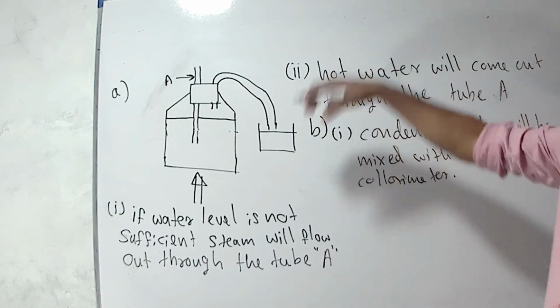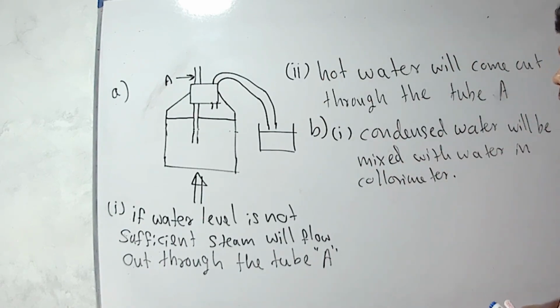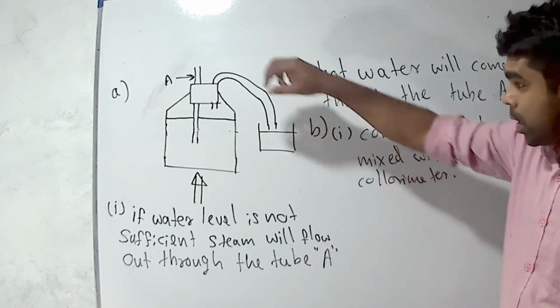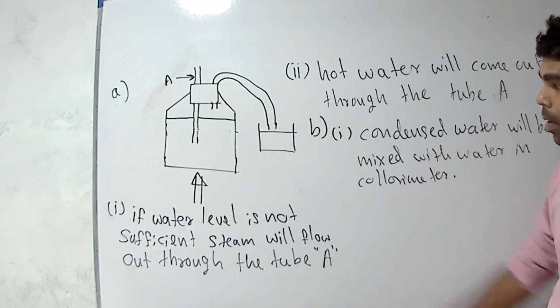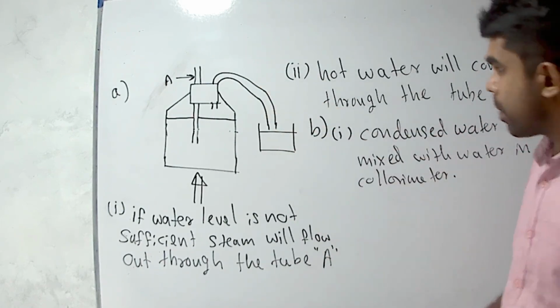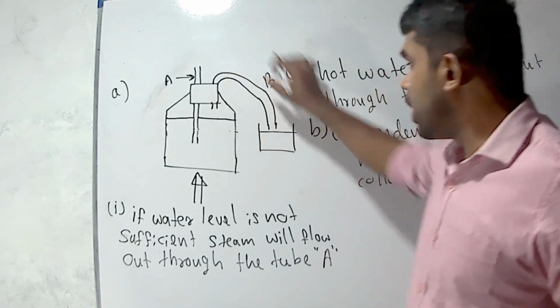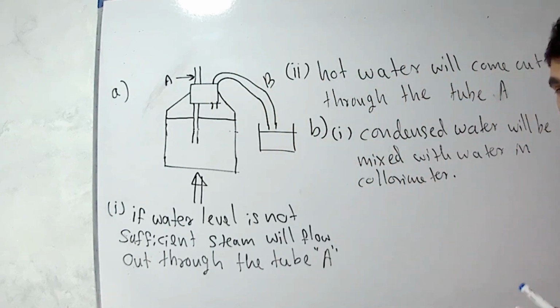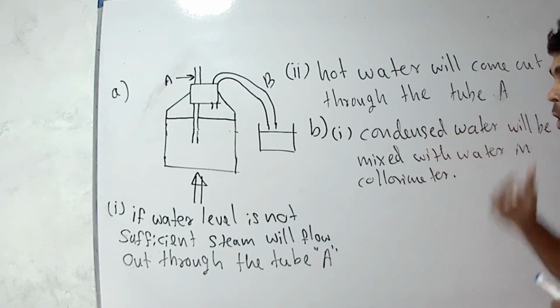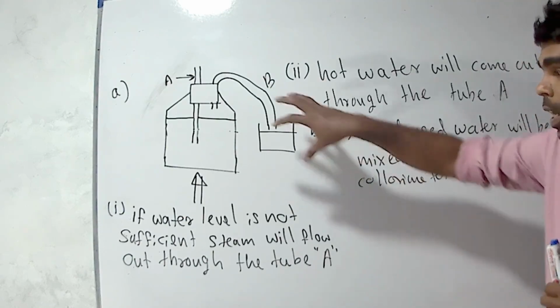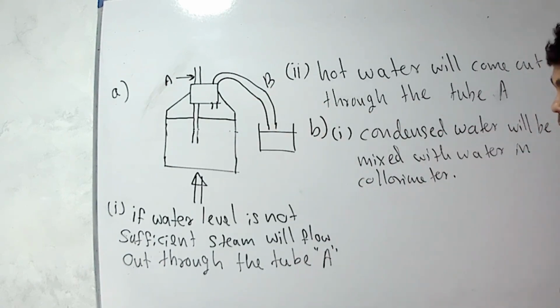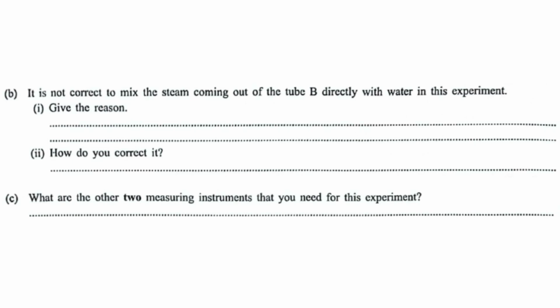We have to mix only water vapor coming out through the tube B. But if we use tube B directly to mix vapor, the condensed water will be mixed with the water in this copper calorimeter. Then part 2: how do you correct it?